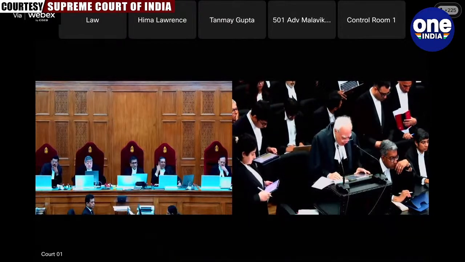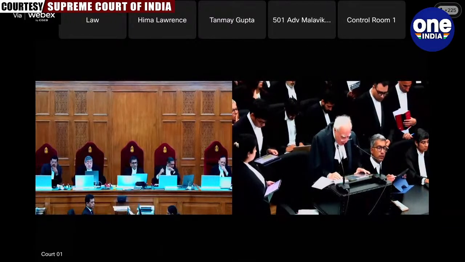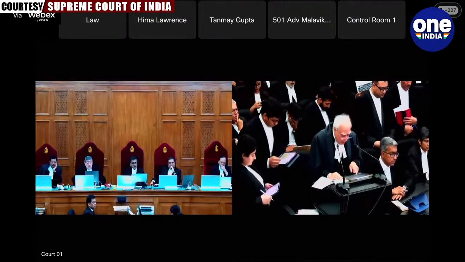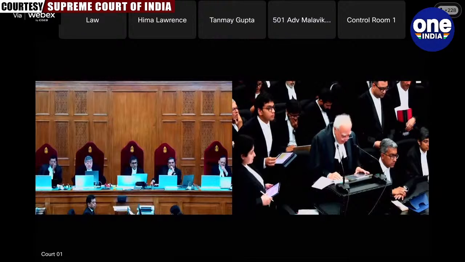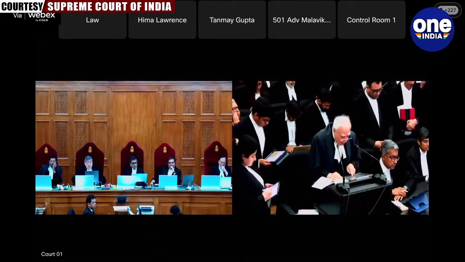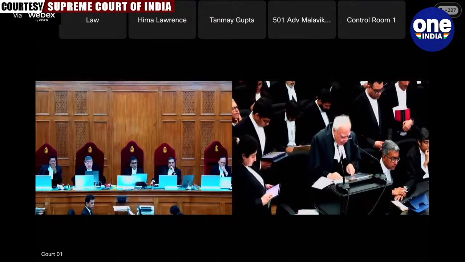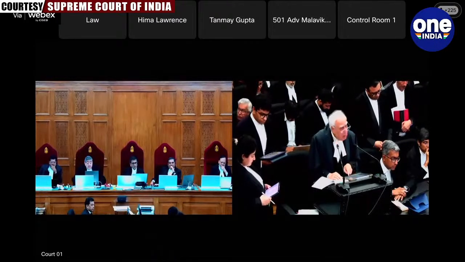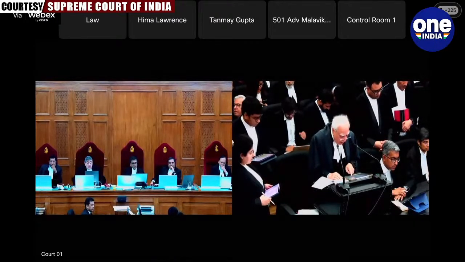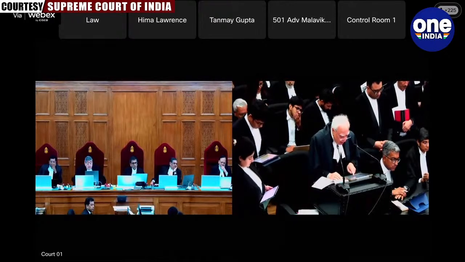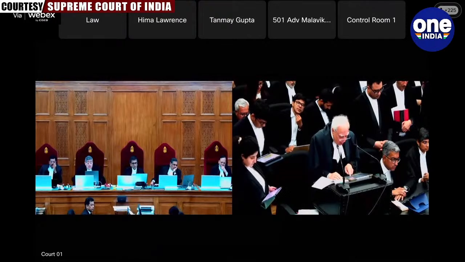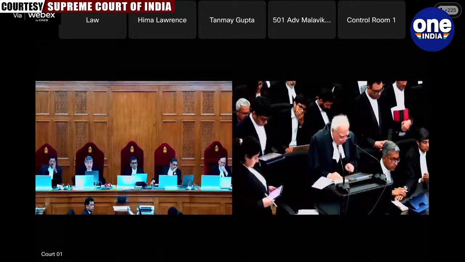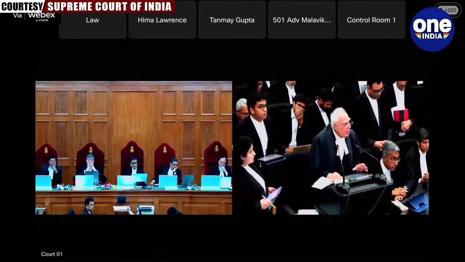In exercise of the power of 370, in consultation with the government of the state, for the purposes of B1 of clause 1 of 370, the matters specified in the first schedule to this order, being matters in the union list, are hereby declared to correspond to matters specified in the instrument of accession, governing the accession of the state of Jammu and Kashmir to the Dominion of India, as the matters with regard to which the Dominion legislature may make laws for the state. Accordingly, the power of Parliament to make laws for that state shall be limited to matters specified, which your lordship said is the limitation.